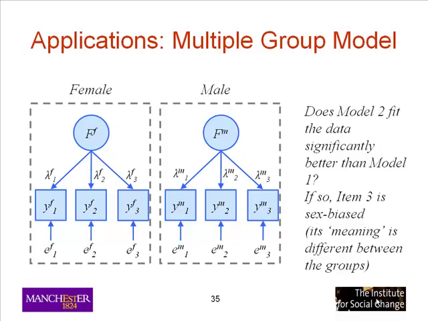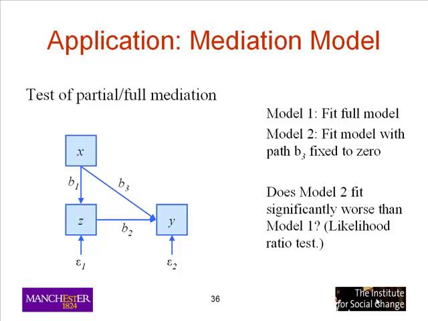It could be any groups you care to think of. It could be different time points. So you've got a panel survey, and you say, right, well, these are the answers at time point 1, and these are the answers at time point 2. Are we measuring, if you like, the same thing across those time points? Have they got the same correlation structure there?